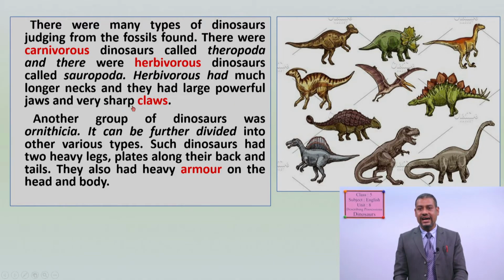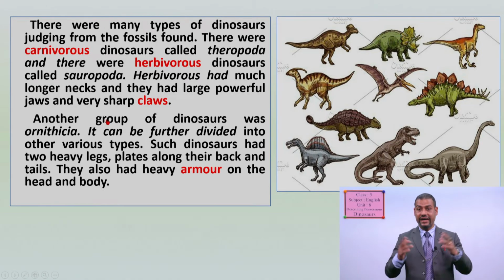And then very sharp claws. These parts are called claws. So herbivorous dinosaurs had, you shouldn't forget, a longer neck, large, powerful jaws, and then claws.